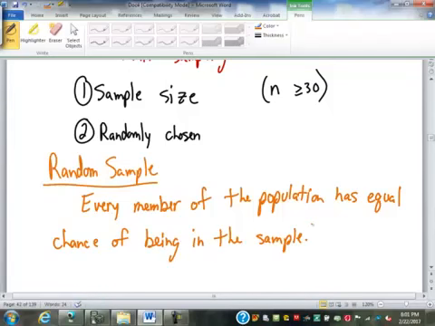So for the example we used, people that aren't at that football game have no chance of being in the sample. So that is not a random sample.